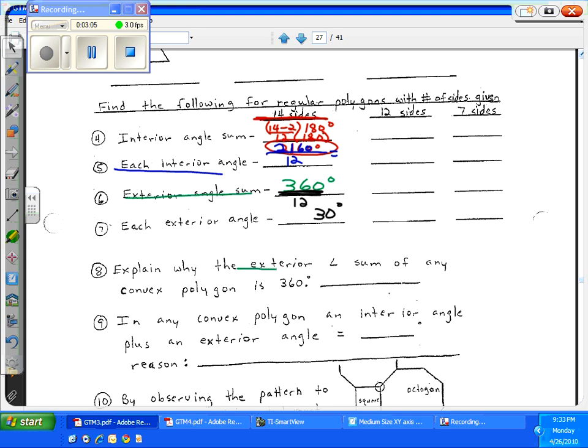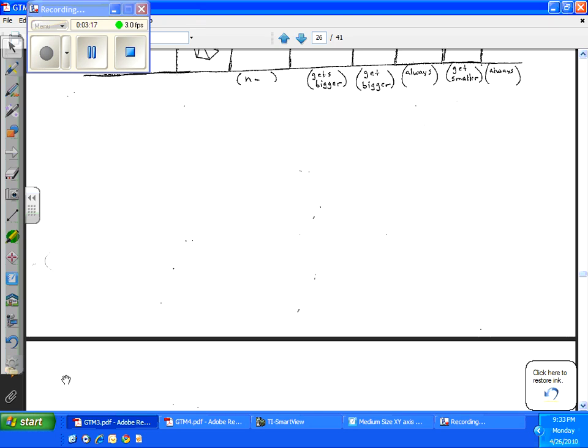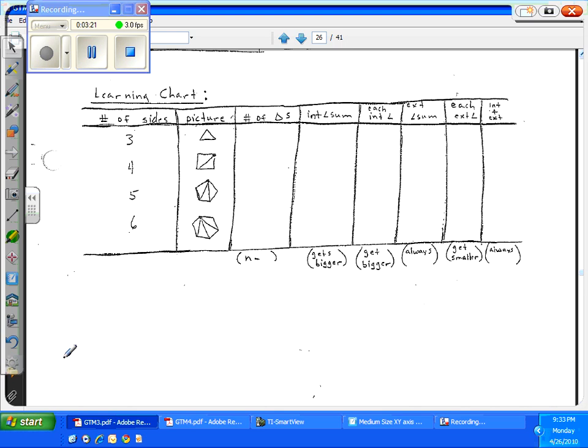Explain why the exterior angle sum is always 360. And what you might want to do to think about that is to go back to the little chart. Notice as we think about each interior angle, what's actually happening.